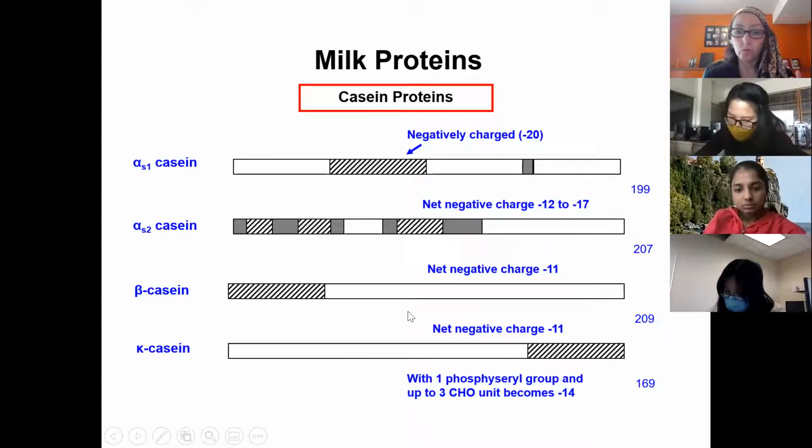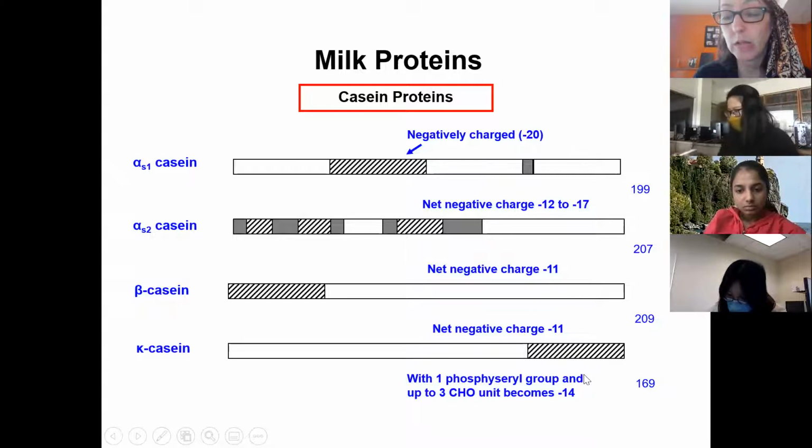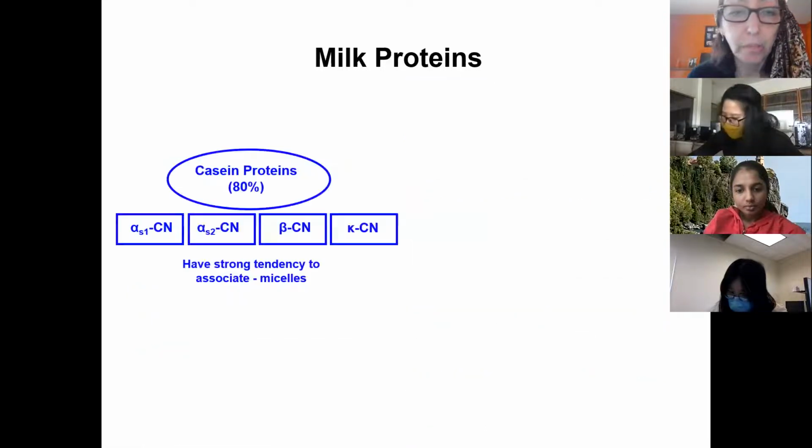It just tells you that kappa casein has one phosphorylated group. I don't know if I said it's not phosphorylated, but it has one, but mostly it's the carbohydrate glycosylation at this end of the protein. Okay.